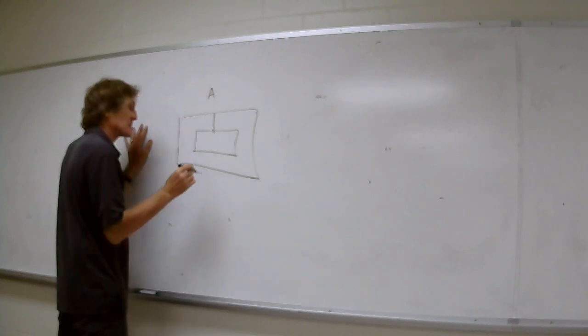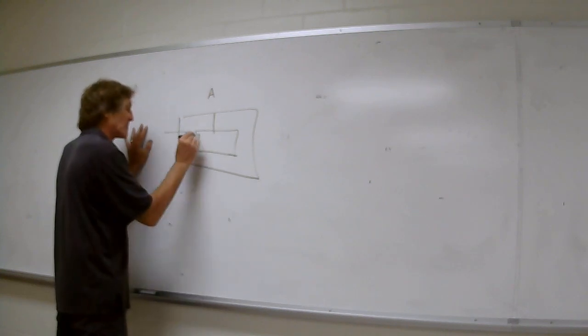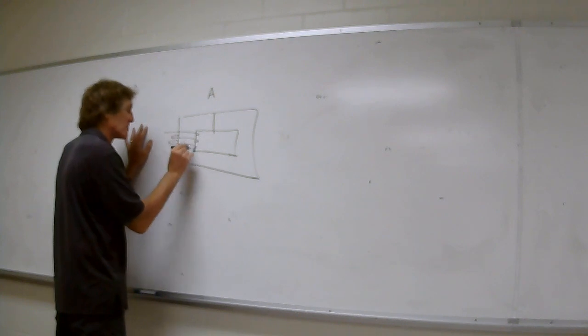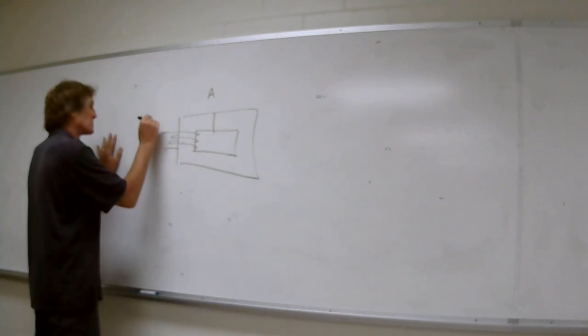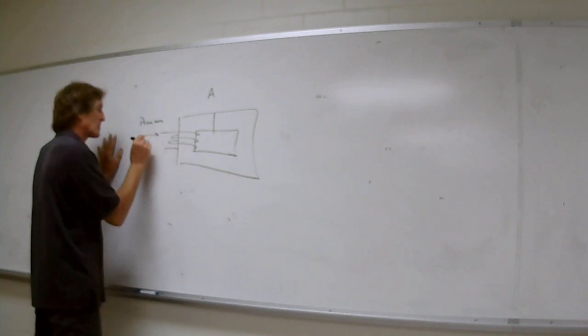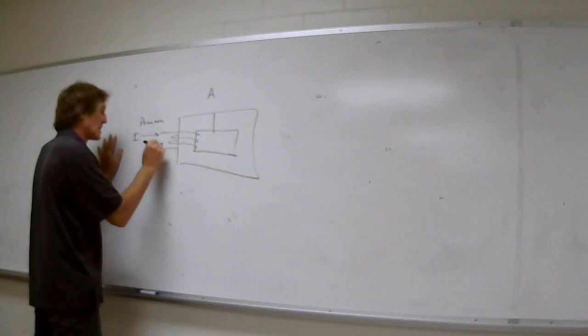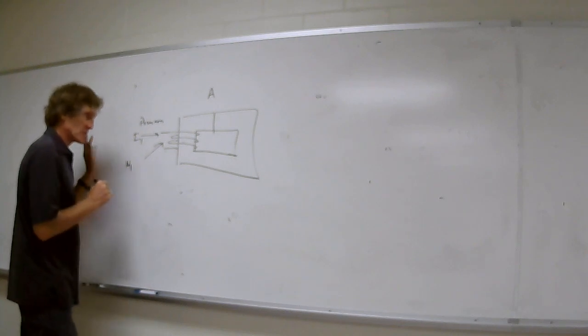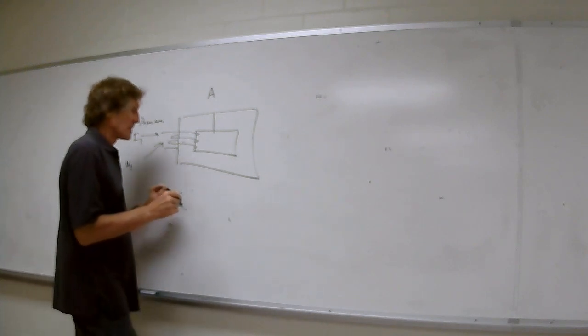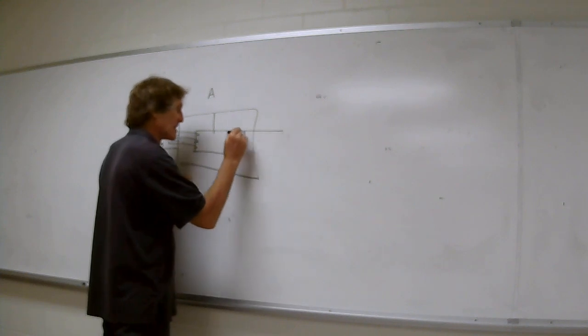It has a cross section A, and you're going to have a coil of wire like this. This is called the primary. And the current through there is going to be I1, and we're going to have N1, the number of turns on the primary. And we're going to have a secondary.